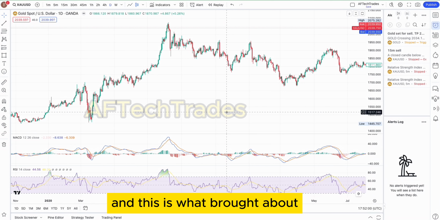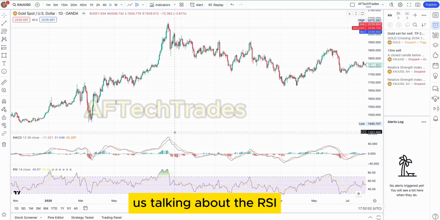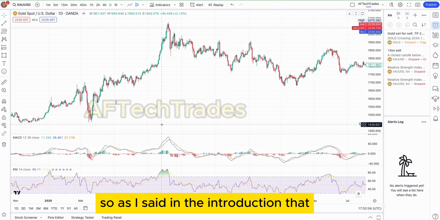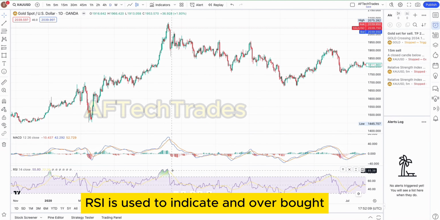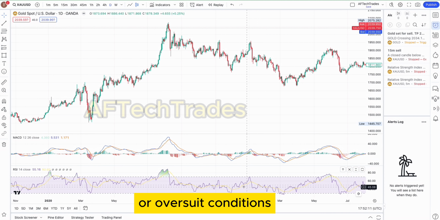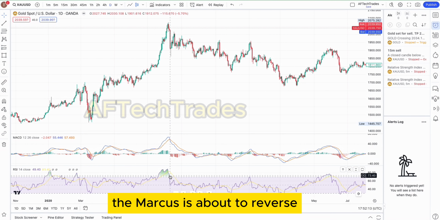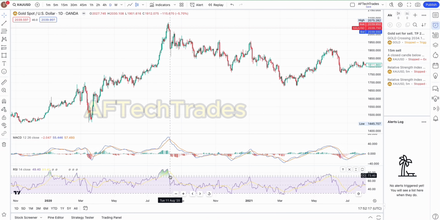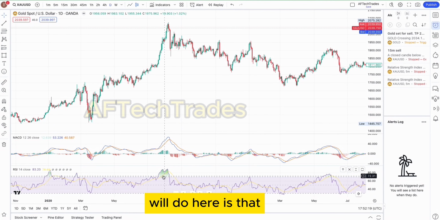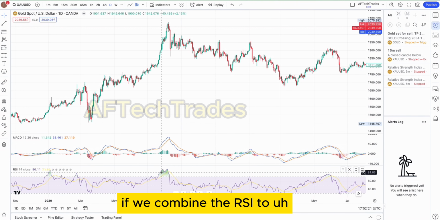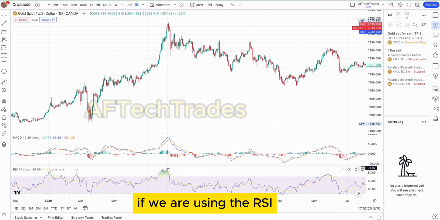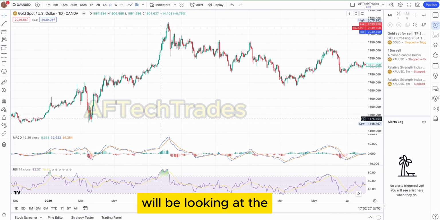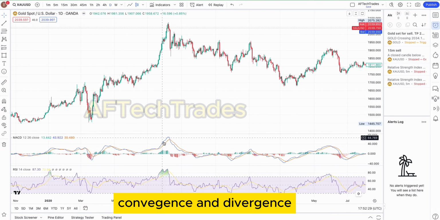And this is what brought about us talking about the RSI. As I said in the introduction, the RSI is used to indicate overbought or oversold conditions, so that you will know that the market is about to reverse. The key thing we'll do today is combine the RSI with convergence and divergence.